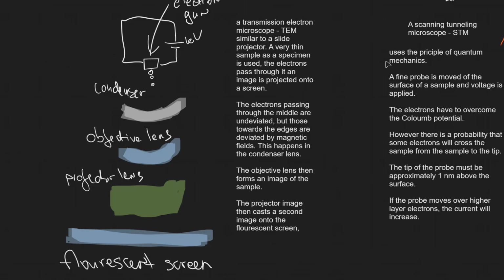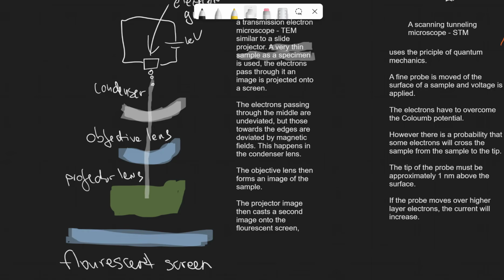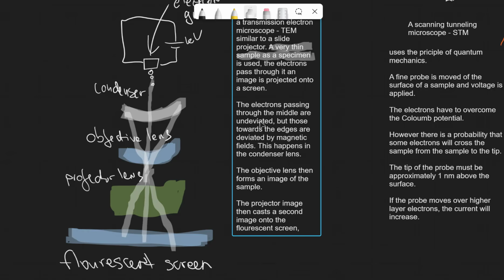We use a very thin sample, so let me just highlight some really important stuff. A very thin specimen sample is used. The electrons that pass right through the middle are undeviated, but those towards the edges tend to be deviated by the magnetic field, and they tend to be more focused at a particular point until an image is obtained.